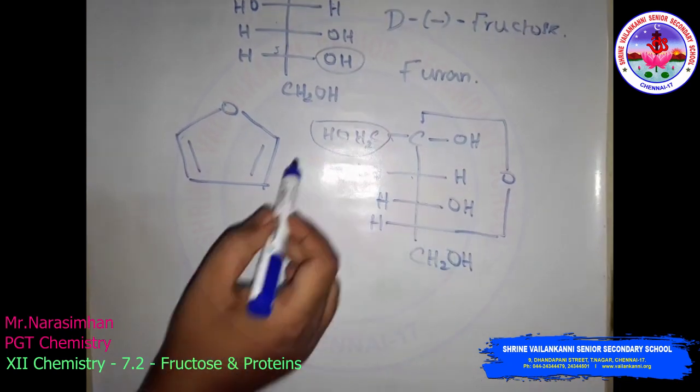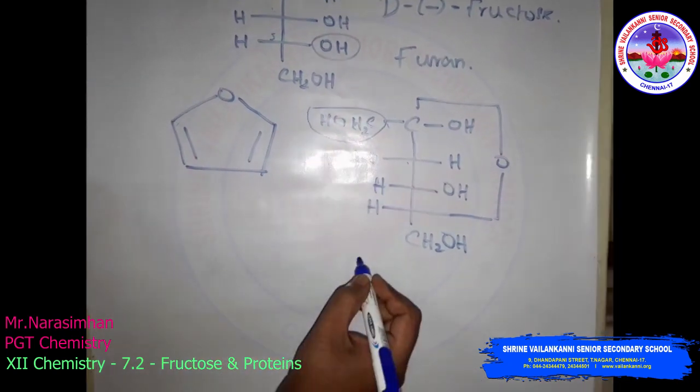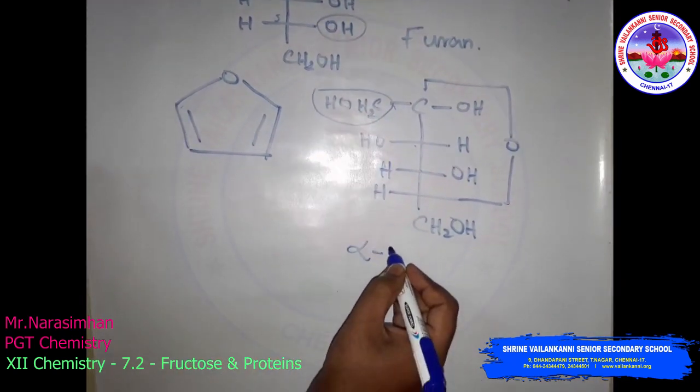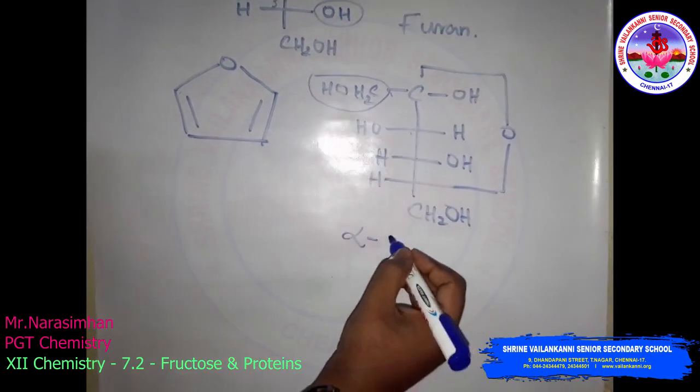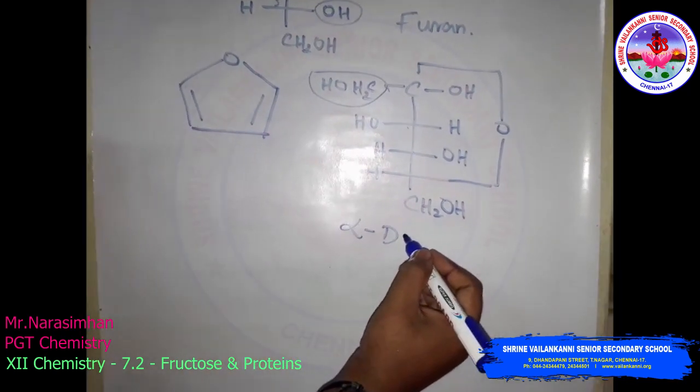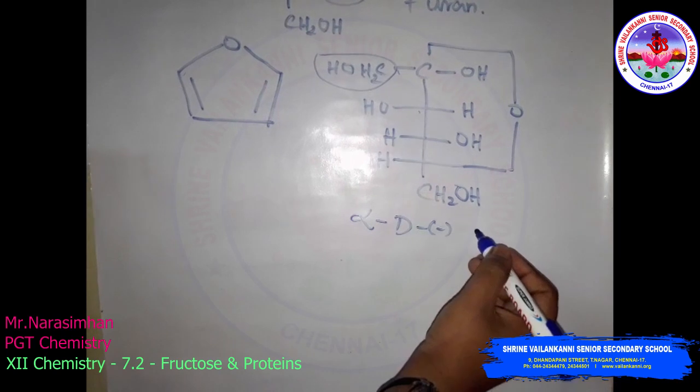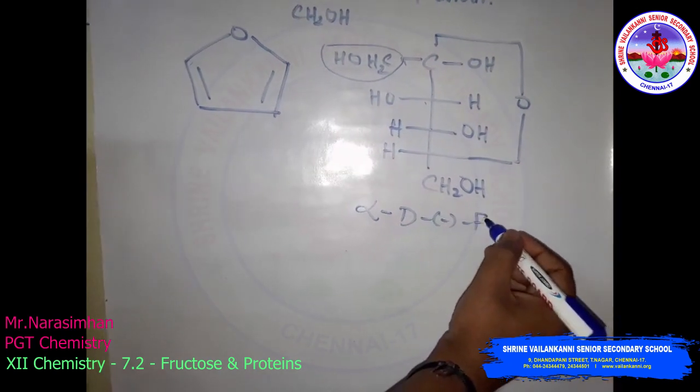When the CH2OH is present on the left hand side, this is the alpha form, alpha D minus fructofuranose.